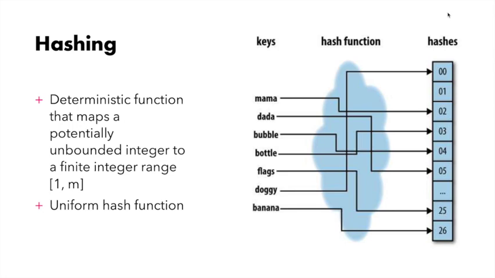Visually, we can think of a hash function as a machine that takes in numbered balls or keys and routes them into one of m bins. And balls with the same number will always get routed to the same bin.